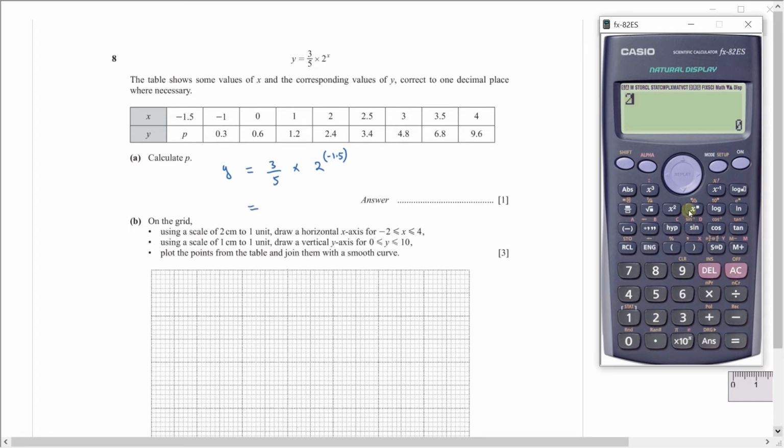So 2 power minus 1.5 is this, and then you multiply it by 3 and divide by 5. Since everything is up to one decimal place, we will also write this value to one decimal place. So this is 0.2.